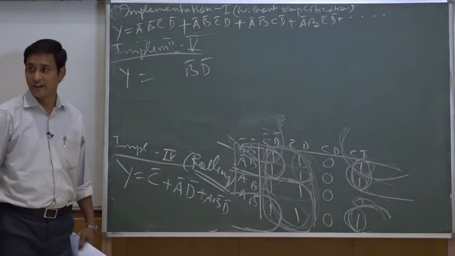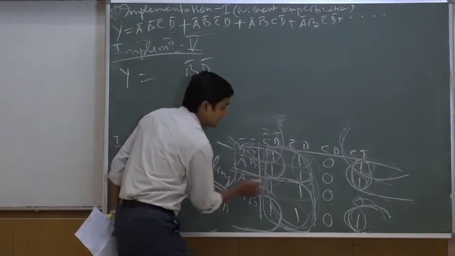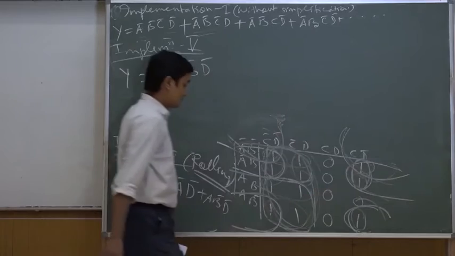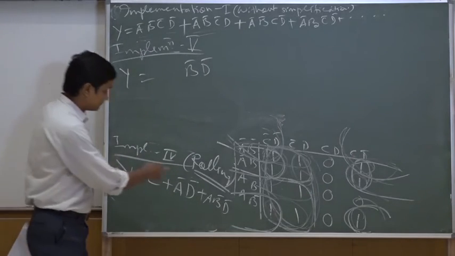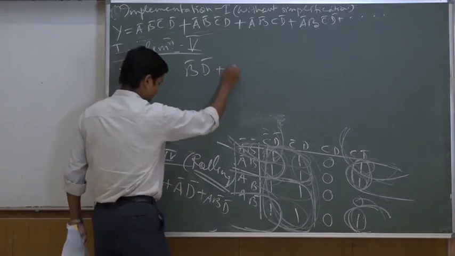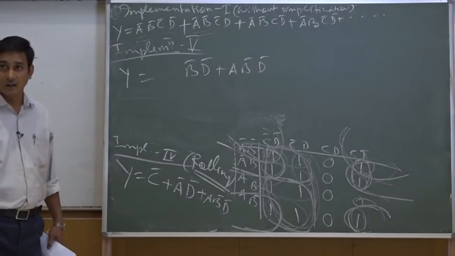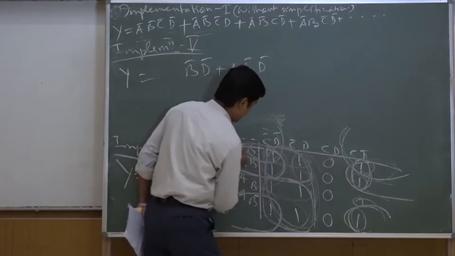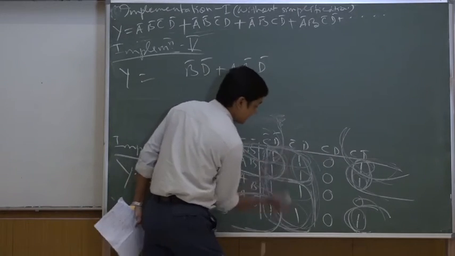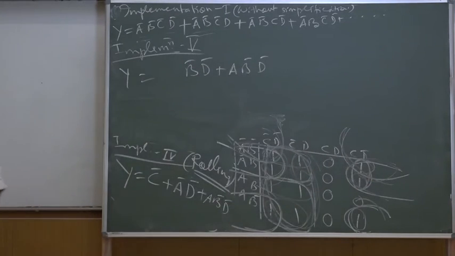These 4 are taken. Now, for this and this, what was it? A B bar D bar. For this and this and this, what was the expression?